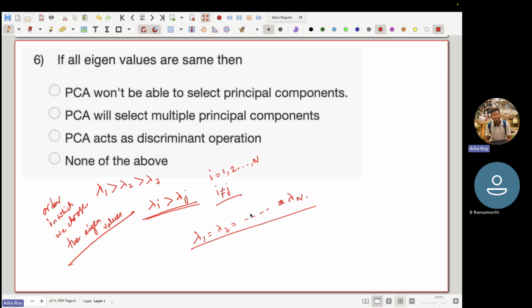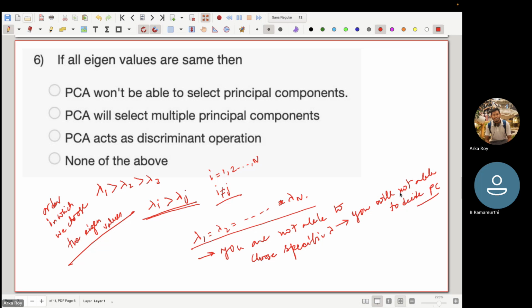So therefore, the point is basically you are not able to choose a specific lambda, which also leads to the fact that you will not be able to decide the PC.